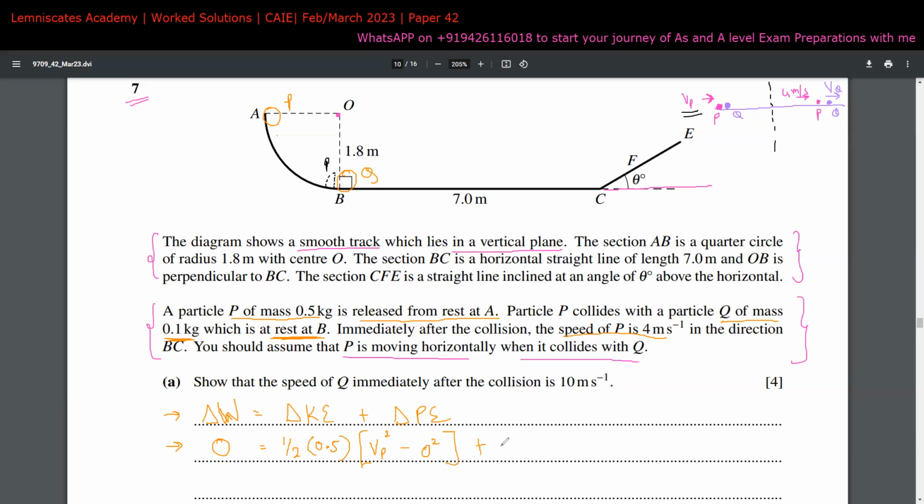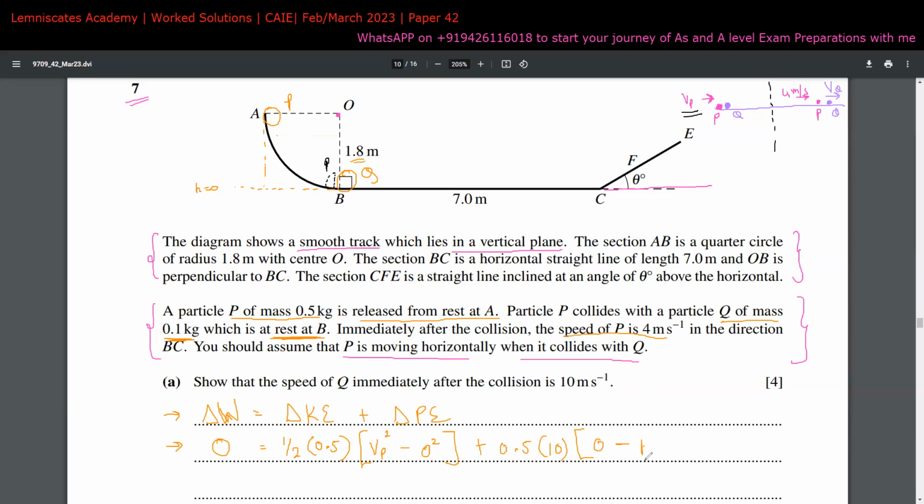Now you add the change in potential energy. We know that the formula is mgh. So m, g, and h, final height minus initial height. Let's assume that this is a reference point and consider it as the ground, at height 0. So the final height is 0 minus the initial height from A. This height is given to us as 1.8 meters, as you can see.